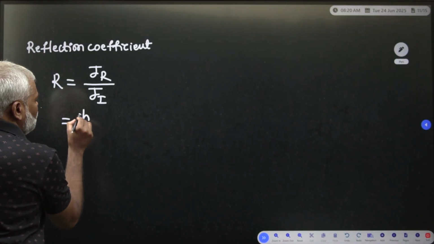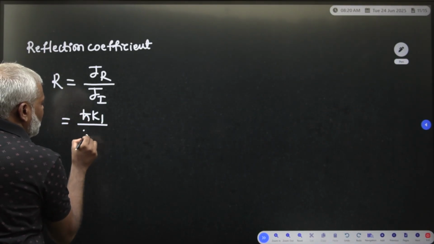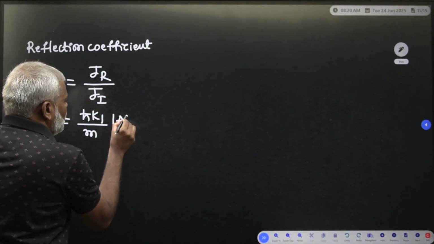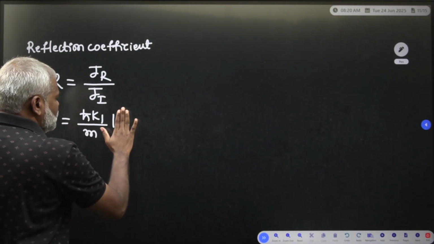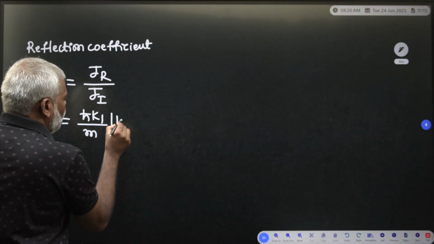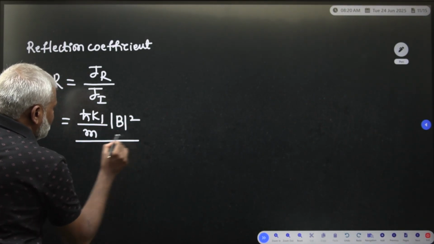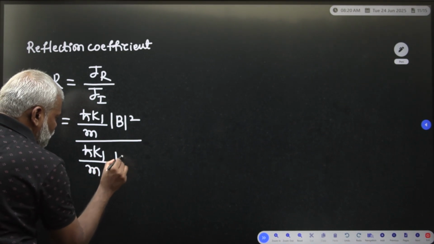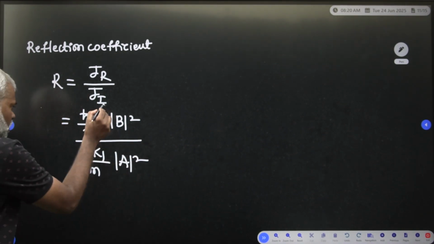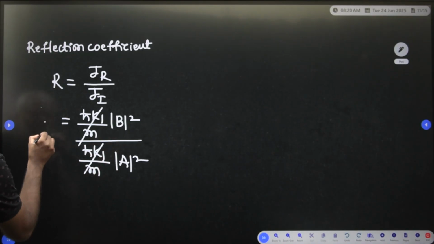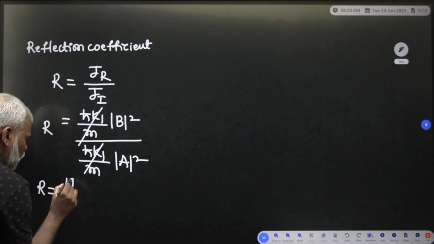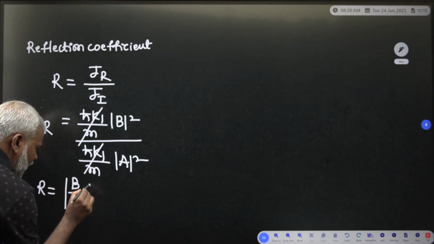What is the reflected flux density? h cut k1 by m into modulus of b square. What is the incident flux density? h cut k1 by m into modulus of a square. This gets cancelled. Therefore the reflection coefficient is equal to modulus of b by a whole square.